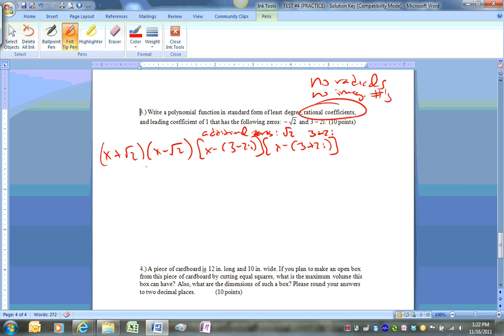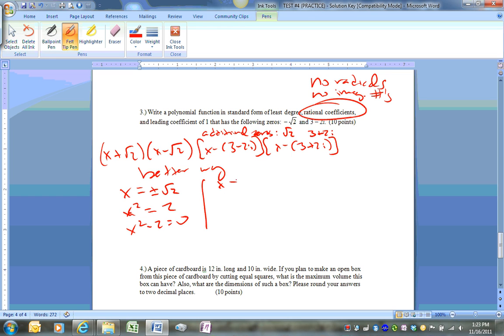A better way would be just to imagine that x equals plus or minus root 2. So when you square both sides, x squared equals 2, x squared minus 2 equals 0.